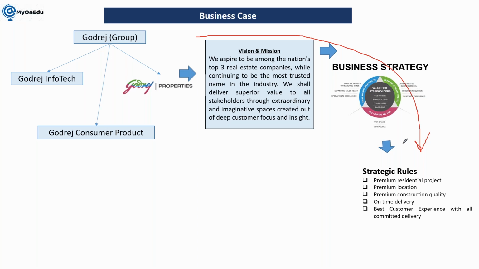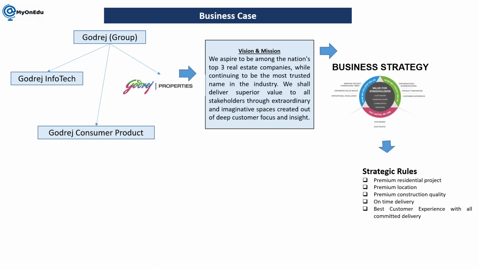First of all, when this proposal comes, the team working to finalize this project checks all these rules. The location, is this premium residential project able to deliver high quality, will we get proper customers at that particular location. Once it is aligning with the strategic rules, only then are we going to start the project.